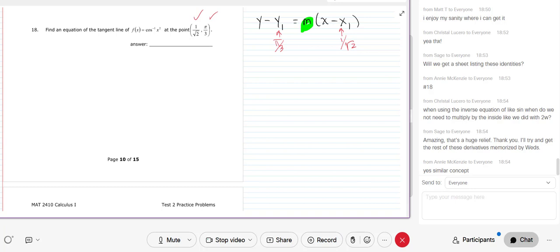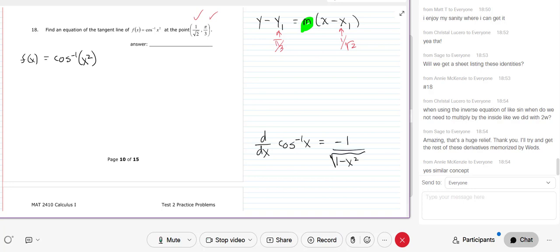So in this problem, you're given the function f of x is equal to the inverse cosine of x squared. Probably should really put that in parentheses. The derivative rule for this is that the derivative of inverse cosine is -1 over the square root of 1 minus x squared.